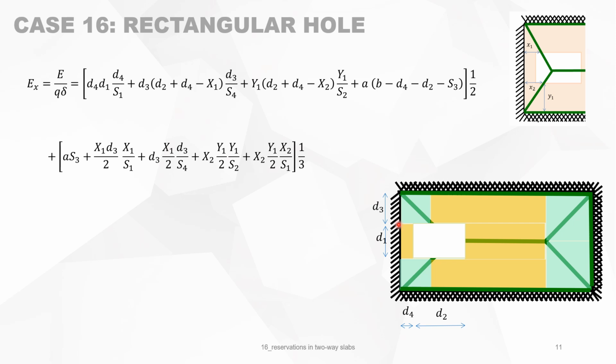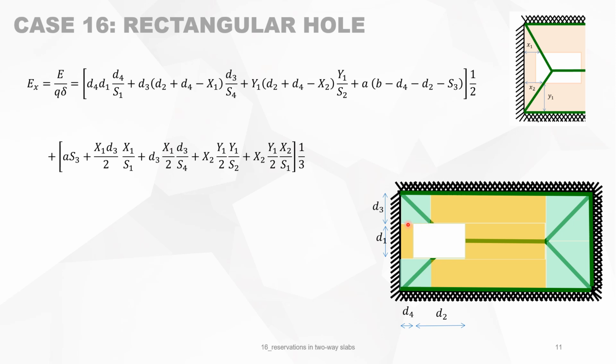And then we have 4 elements. For instance, we will take this element. It is rotating about this axis. So we have d3 times x1, because that's where the yield line is cut.